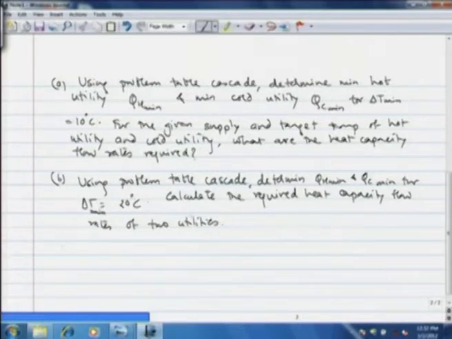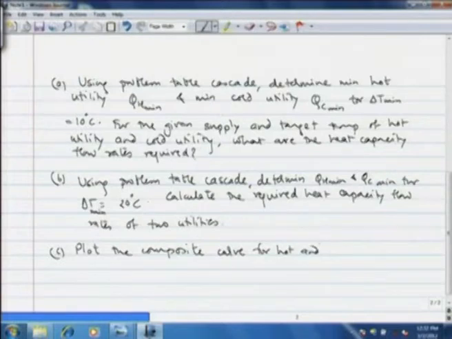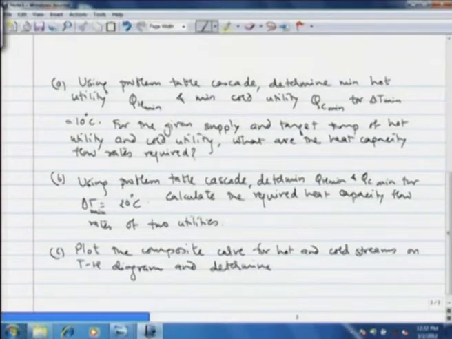And the third question that we have to answer is about plotting the composite curve for hot and cold streams on the temperature enthalpy diagram or TH diagram, and determine the pinch temperatures for the two streams.